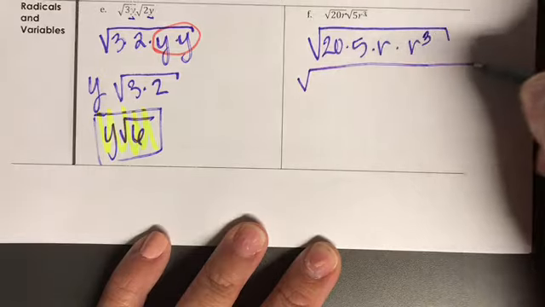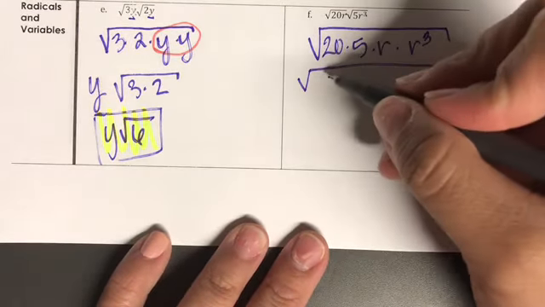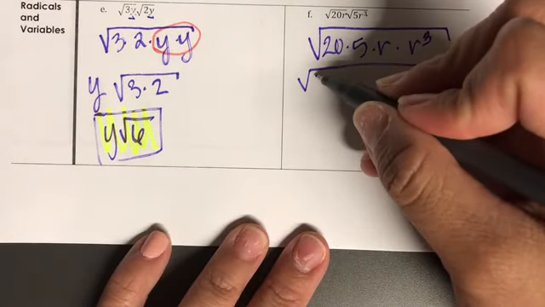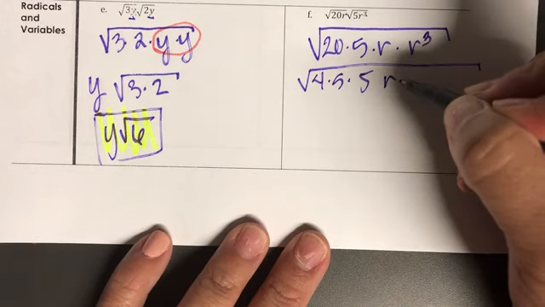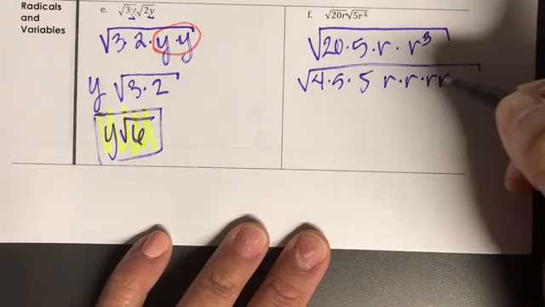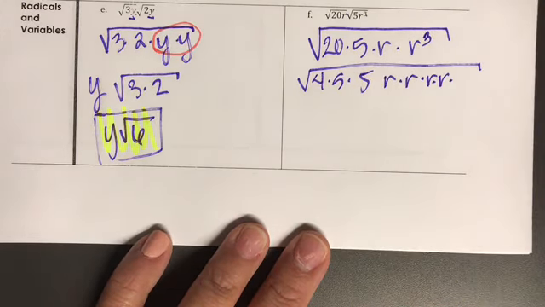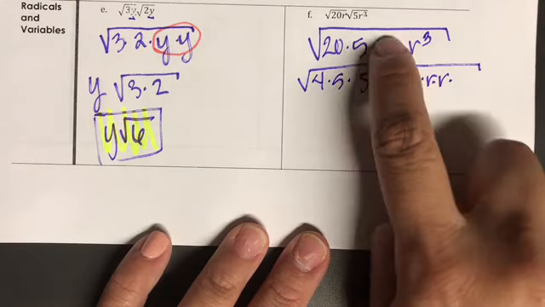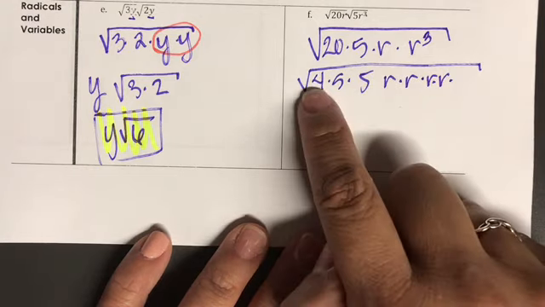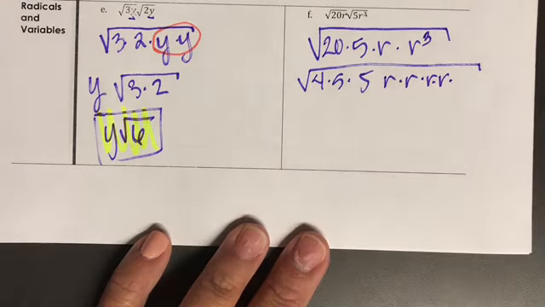If I expand this to find my pairs, I'm going to say 4 times 5 times 5 times r. So I have r cubed represented by 3 r's, and then that r. I have a 4 times 5 times 5.